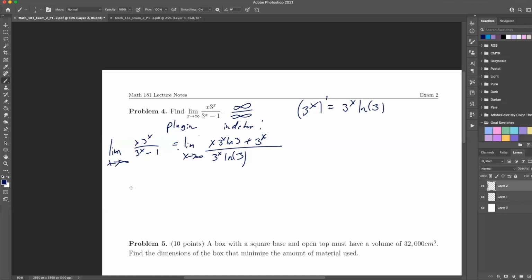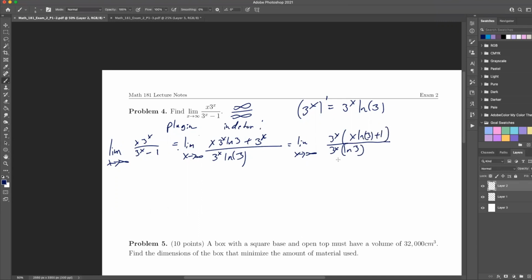All right, so what do we have here? What can I decipher from here? Well, let's go ahead and pull out the 3 to the x, right? So let me do a little bit of math. This is equal to the limit as x approaches infinity of 3 to the x, because I have it on both top and bottom, times x ln 3 plus 3 to the x, over 3 to the x times x ln 3 plus 1.